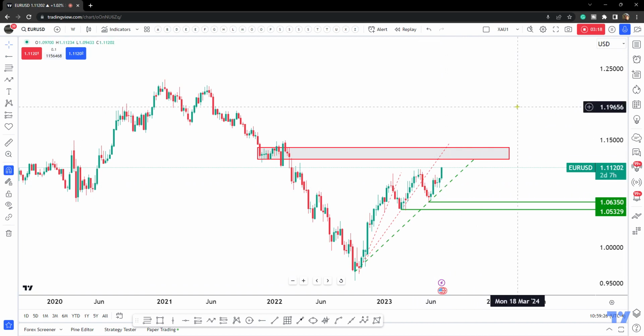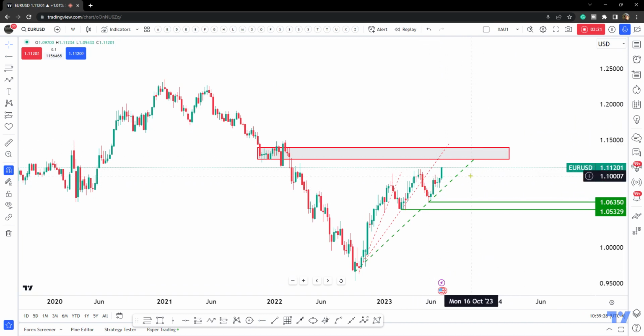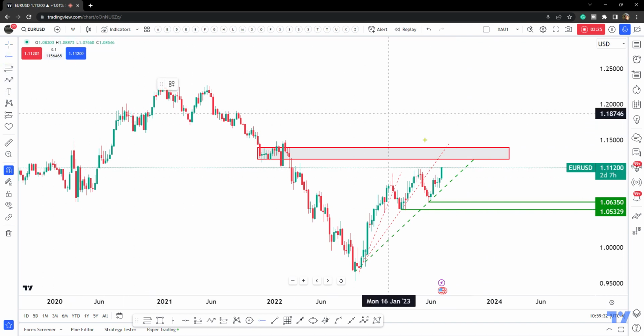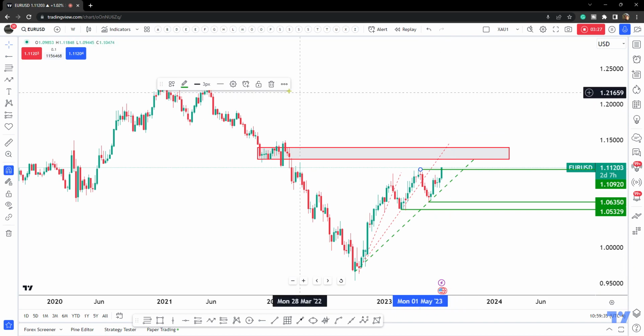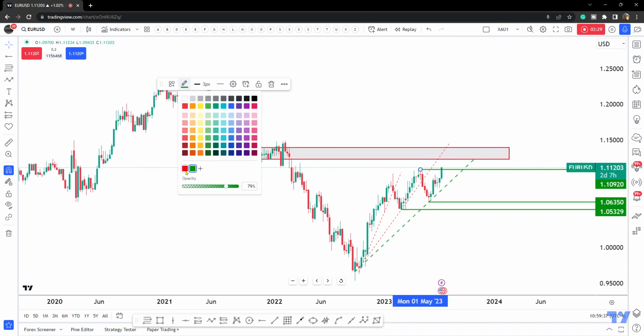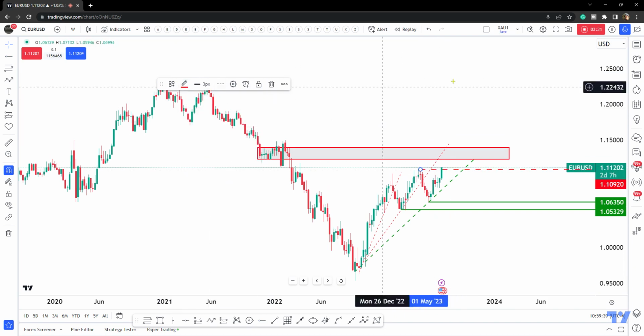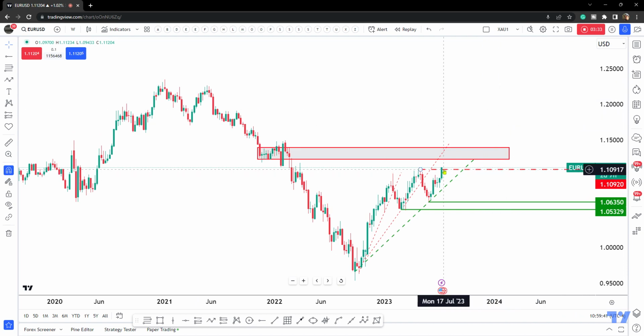Okay. Now we're breaking resistance, old resistance here. So give that a dashed line. And as I said earlier in the video, this does seem to have legs on it.